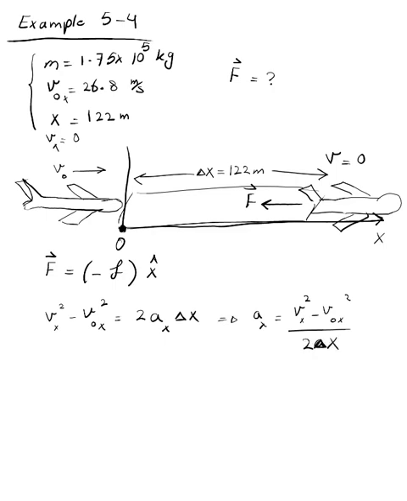So a_x is going to be 0 minus 26.8 meters per second squared divided by 2 times 122 meters. So the acceleration is going to be negative 2.94 meters per second squared.